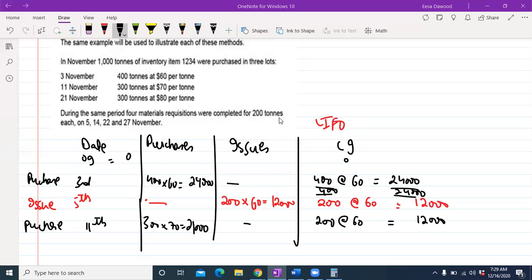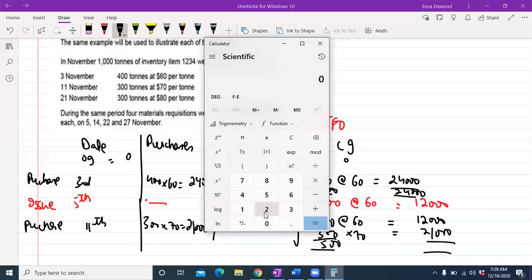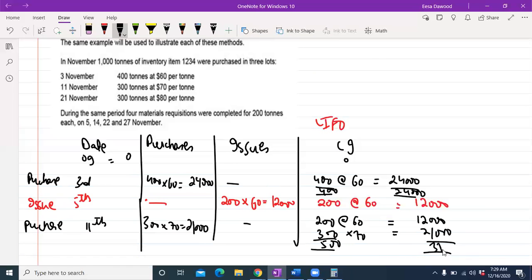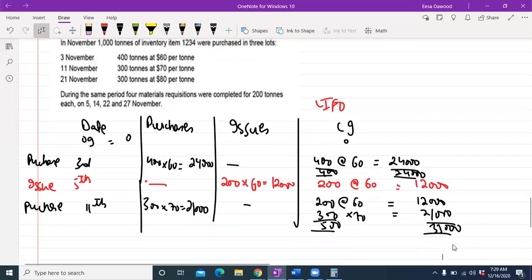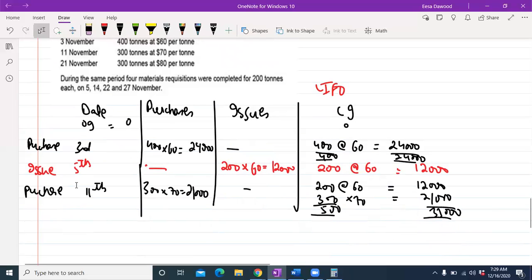And now we have 300 at 70, 21,000 as well. So we have 500 units at 33,000 now.